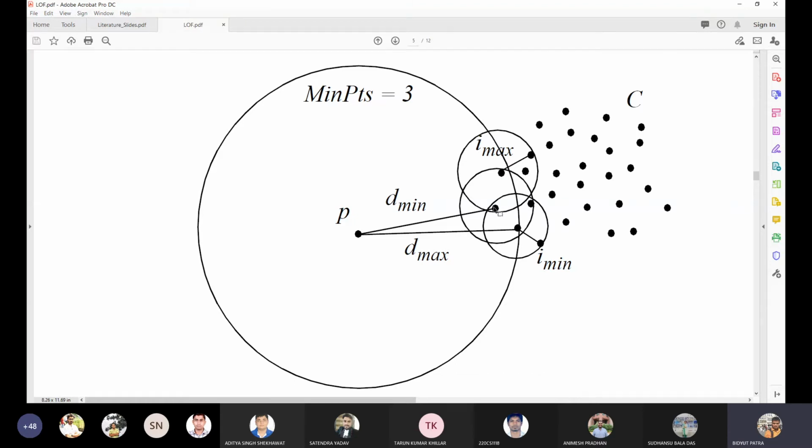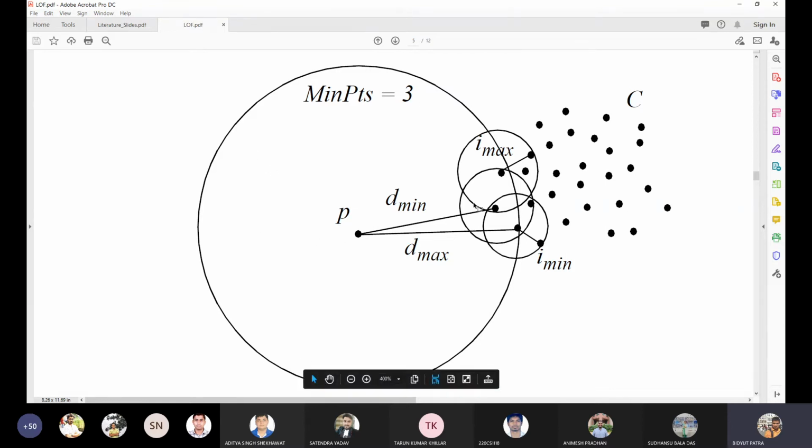Therefore, the reach dist of this point will be the distance from the point to P. Similarly, for this point, what will be the reach dist? You have to first compute, considering O, the K distance, and then take the maximum of the K dist and the distance. So the average distance will be almost the radius of this big circle.